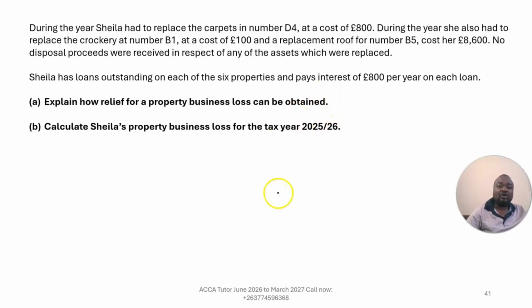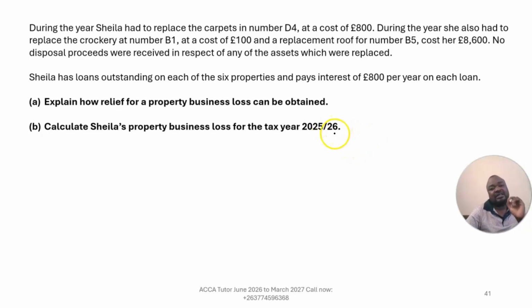Then when you arrive at a loss, in that particular year where the loss has been incurred, you account it as zero property income. However, the loss will then be carried forward to be offset with the first available property income profits.